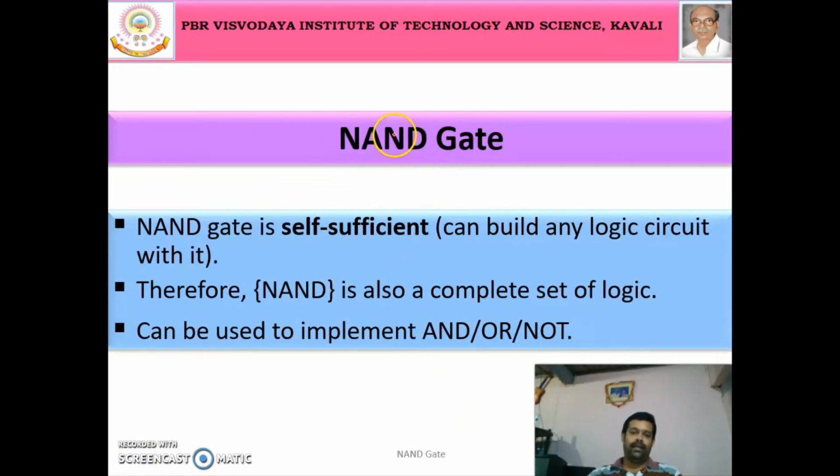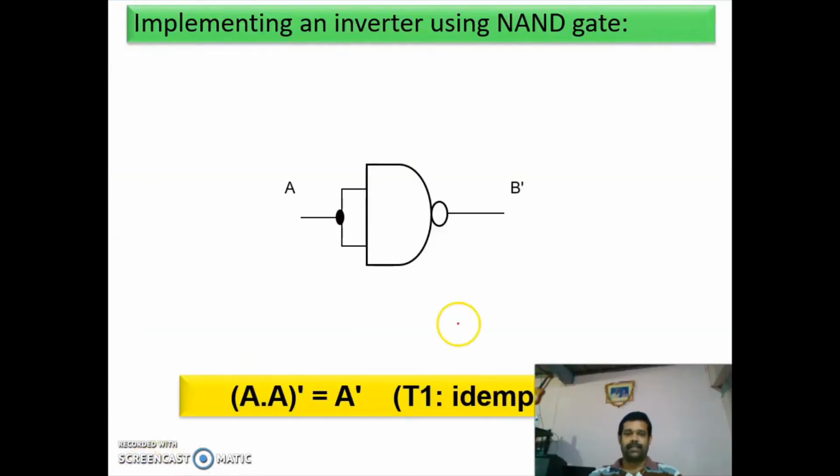NAND gate is a self-sufficient gate. So by using NAND gate, we can implement all other gates. So first we are going to implement NOT gate by using NAND gate.